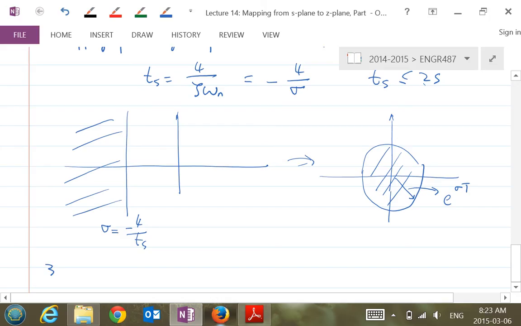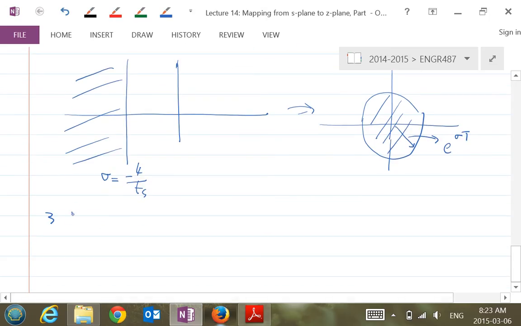Okay, so the third one, let's look at this one here. This is called mapping of constant frequency loci.